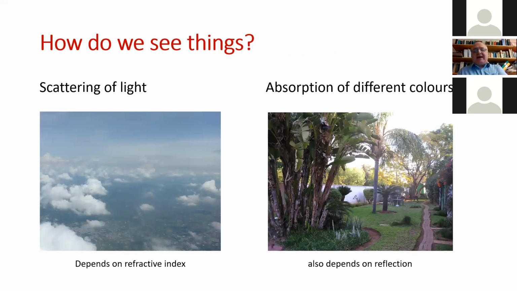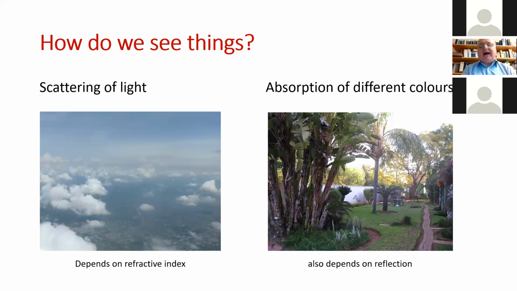If we think about how we normally see things with visible light, we may be making observations based on the scattering of light, such as from the droplets of water in clouds. We may also be seeing things by absorption of different colors. These depend on properties of materials.